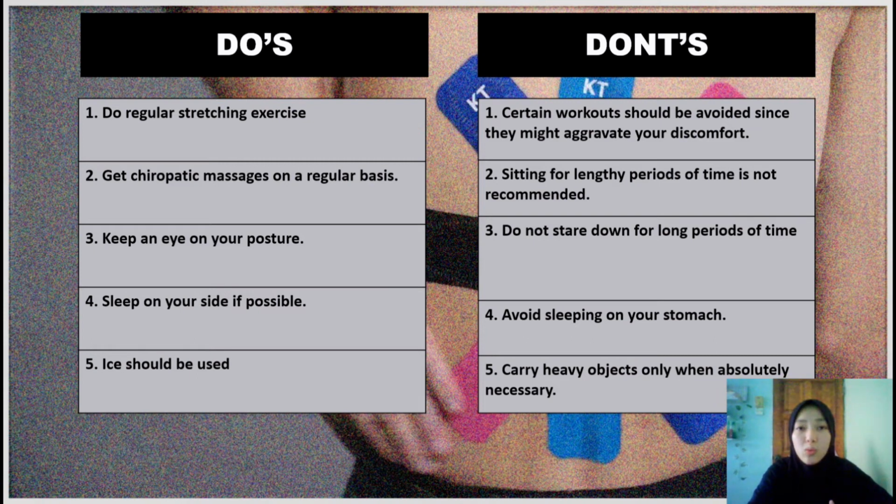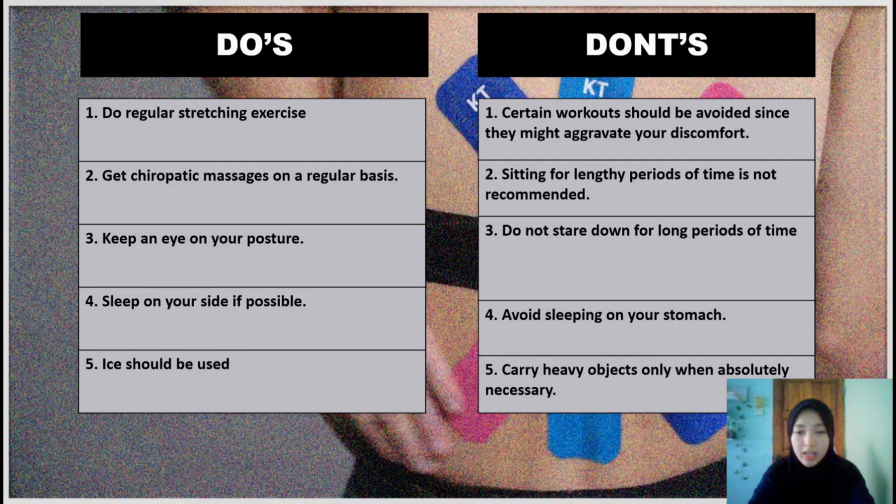As we know, ice can help us to reduce the pain. So if you feel a twist, you have to get an ice pack as soon as possible and put it on the affected area.